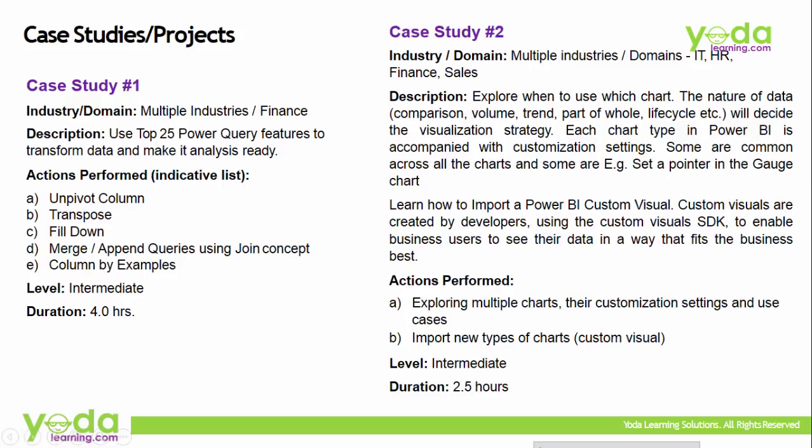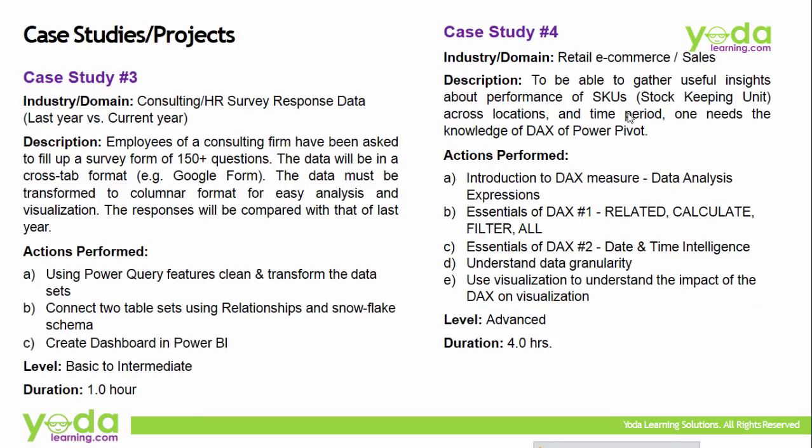The first example will be where you use the top 25 Power Query features. The next case study will take something from multiple industry domains combined, for example, based on comparison, volume, trend, or the life cycle of the entire numbers. Next, I'll take some examples from the HR and consulting area. Then I'll go to retail sales.